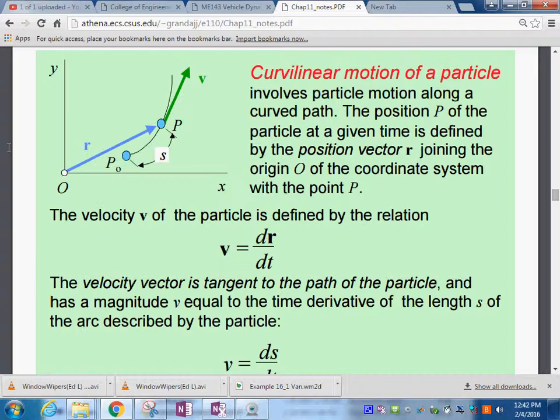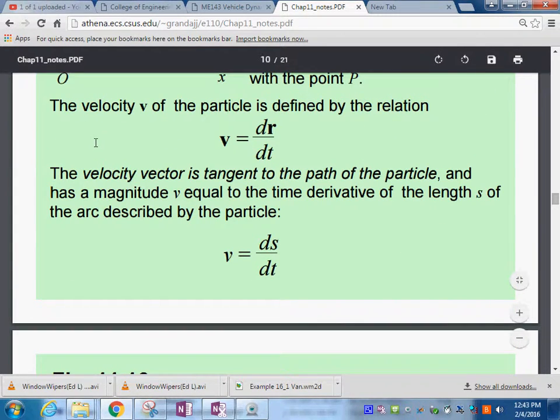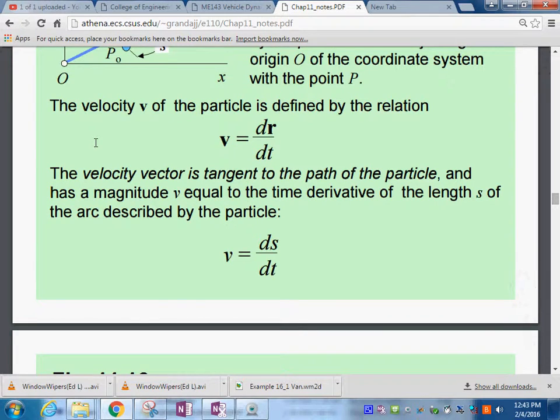Okay, so the velocity vector is tangent to the path of the particle and has a magnitude equal to the time derivative of the length s.